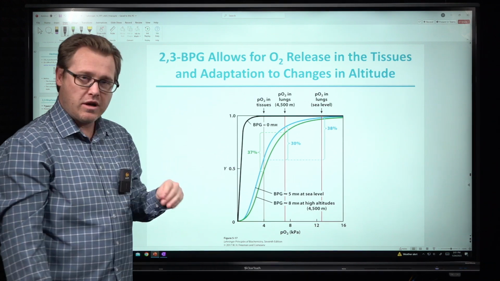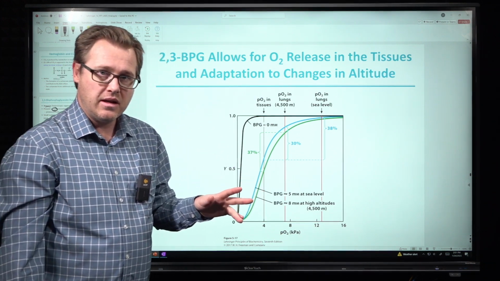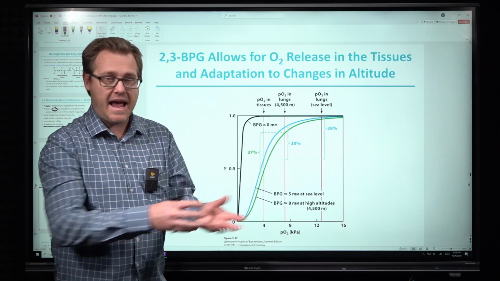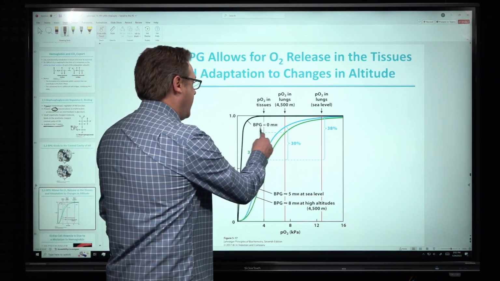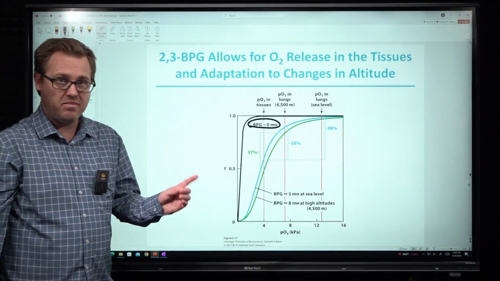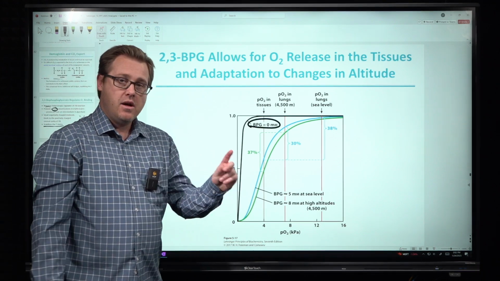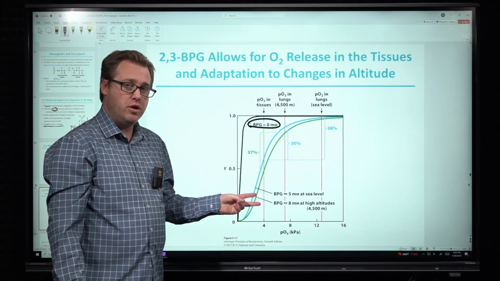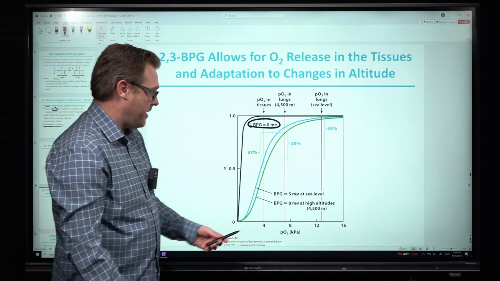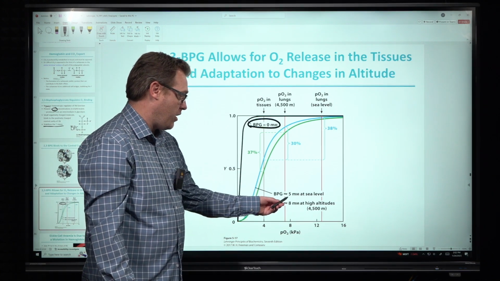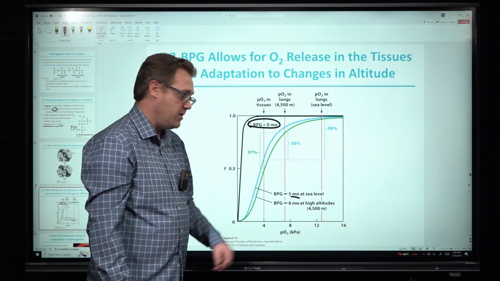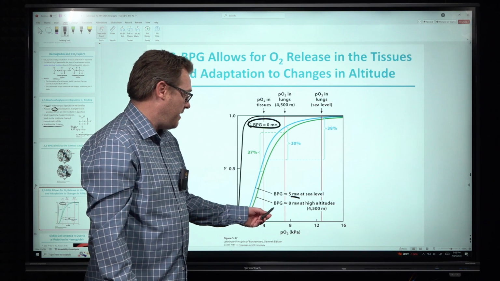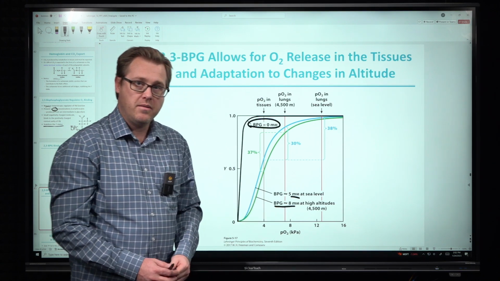The black one we're not going to focus on at all, other than that's hemoglobin where we've ripped out the BPG. Okay, so it has a 0 concentration of BPG. What we will focus on is the difference between the green and the blue curve. And the difference is the blue curve has 5 millimolar of BPG, and the green one is 8 millimolar.